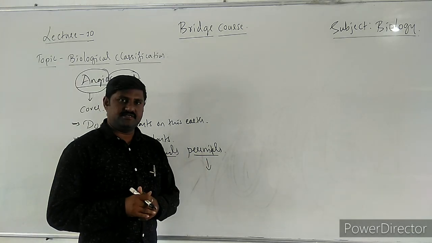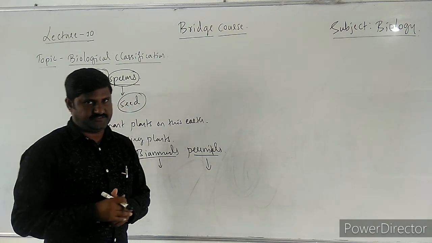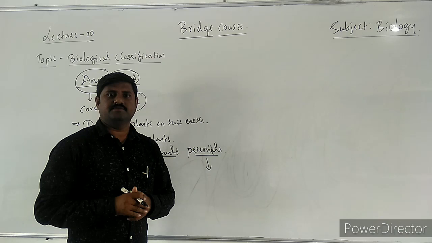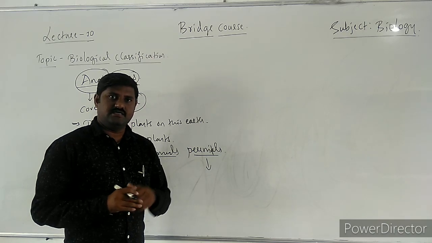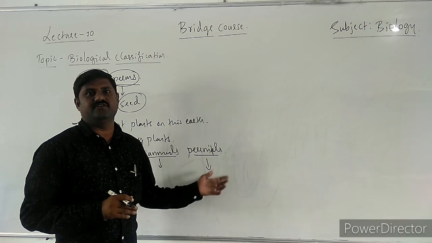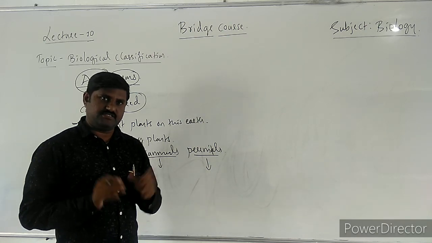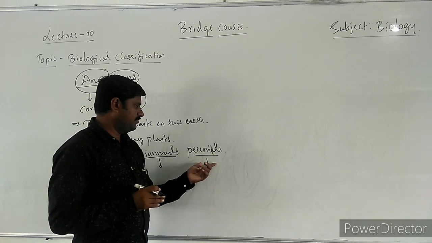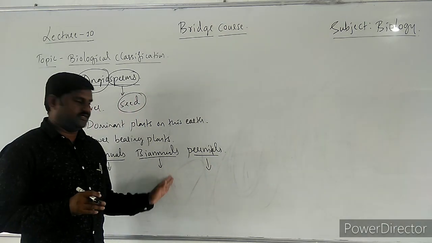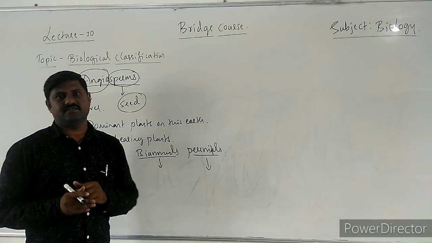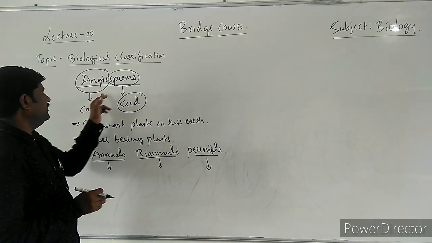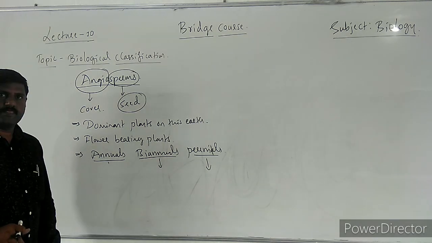And perennials are those plants which bear flowers and seeds every year and can live for many years. Such plants are said to be perennials, right? So annuals, biennials as well as perennials are the three groups into which we classify the angiosperms.